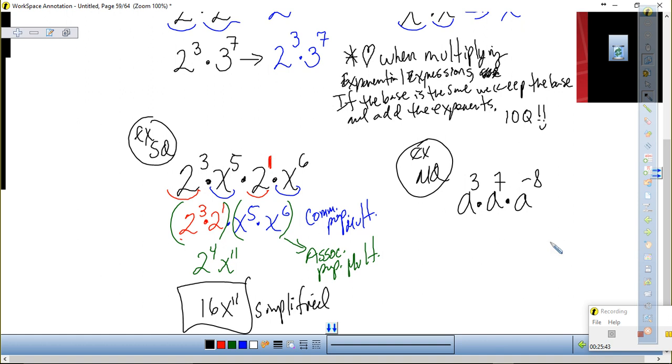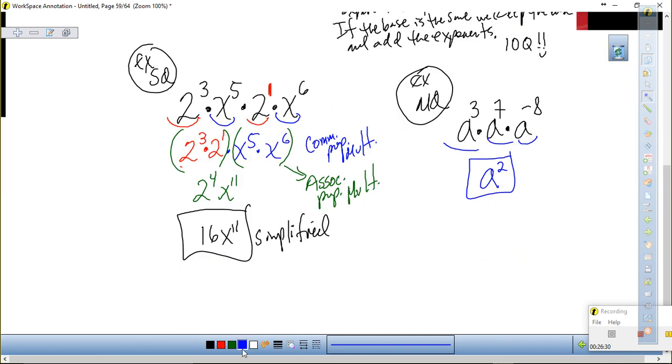Should be almost done. So, are all these the same base? So we keep the base. And what do we do to the exponents? You guys said add the exponents. What is 3 plus 7 plus negative 8? 2. Hands if you got A to the 2nd. All right, good. Here goes another one.